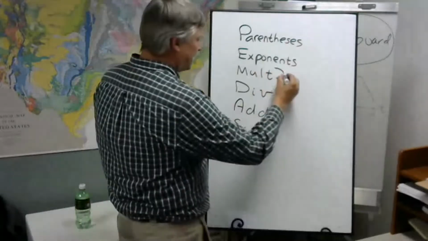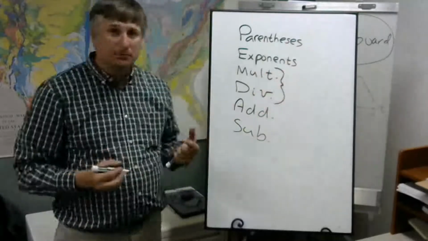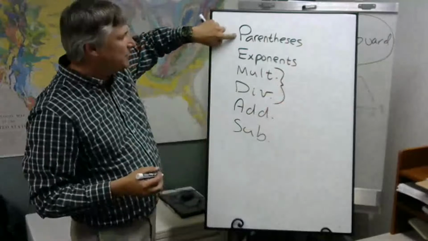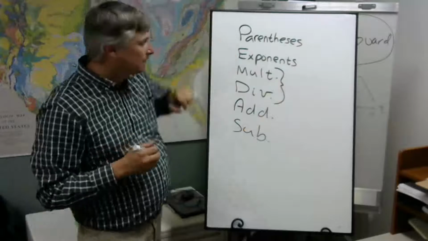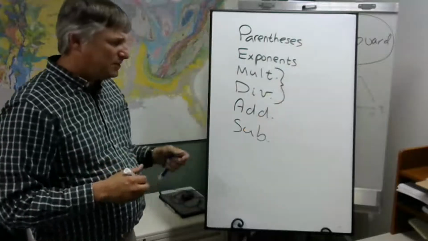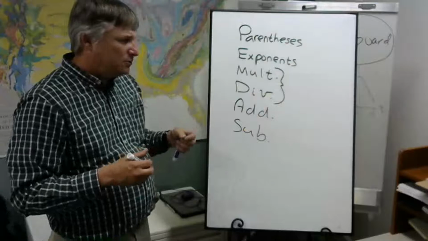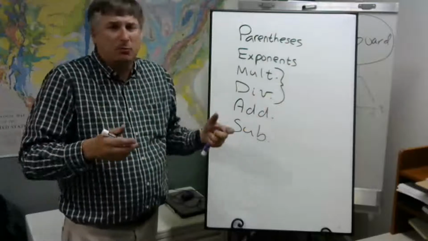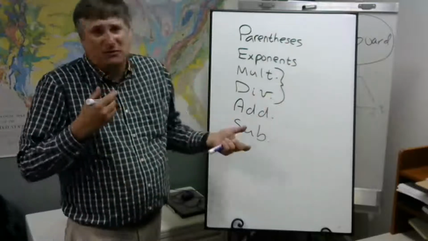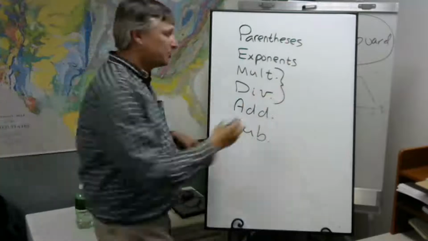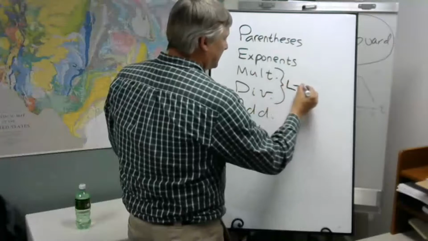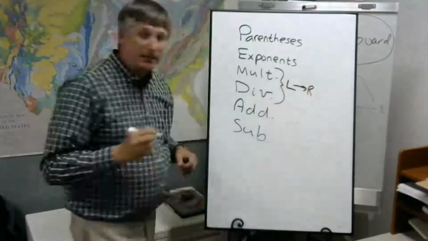Now, multiplication and division we treat as equals. So we take care of calculations in the parentheses first. Then we compute exponents. And then with multiplication and division, we just do the one that comes up first and then the one that comes up next. And if it's division, that's fine. If it's multiplication, that's fine. But the way we approach it, we go from left to right in our expression.